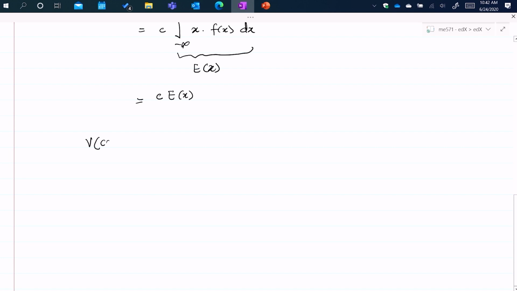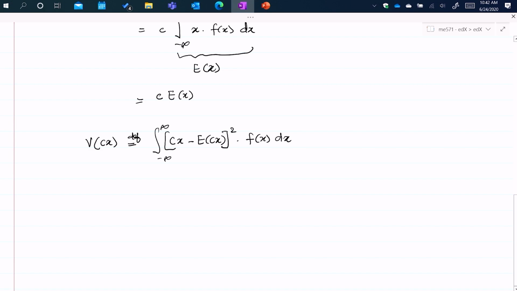Variance of c times x, by definition, is the integral going from minus infinity to plus infinity of c times x minus the expected value of c times x, whole squared quantity, multiplied by PDF dx. That is the definition of variance: variance is the expected value of the quantity minus its expected value, whole squared.